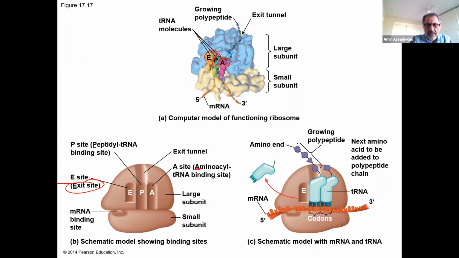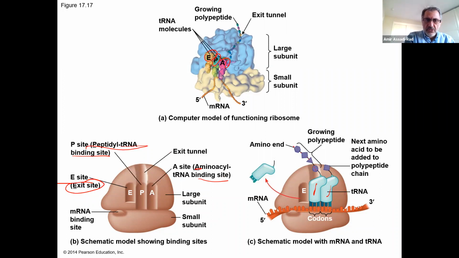P is for peptidyl, the placement of the amino acids they attach, look here, peptidyl tRNA binding sites, and A for arrival, amino acid tRNA binding sites. So what happens, the maximum you can have is two tRNAs inside of the ribosome. One of them already left, the other one is arriving, and this one is placing the amino acids.